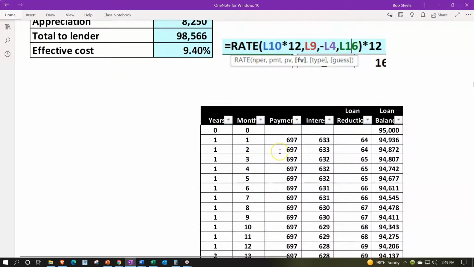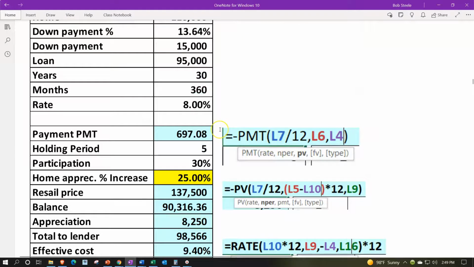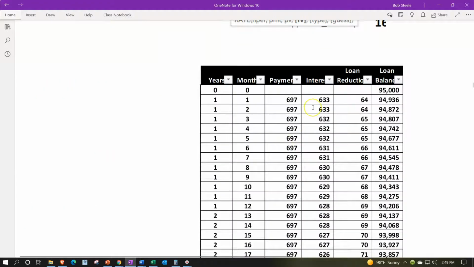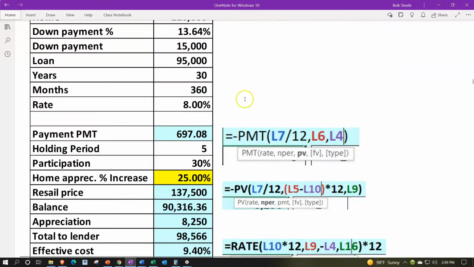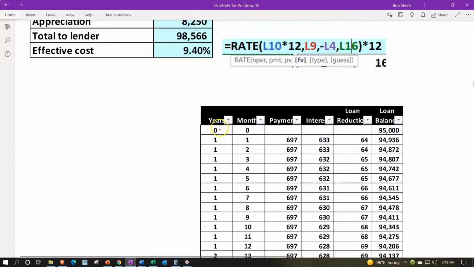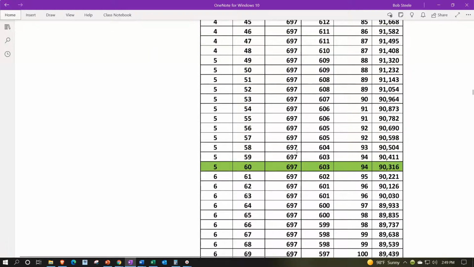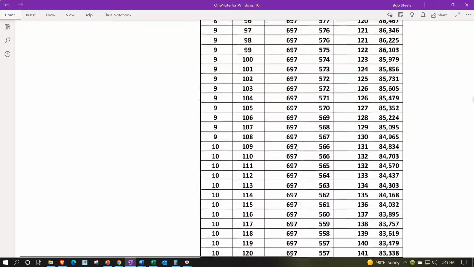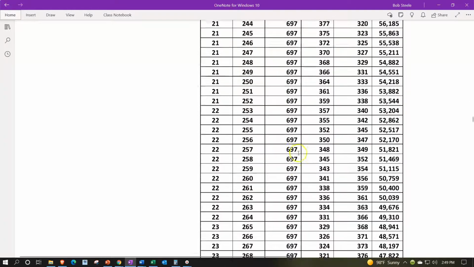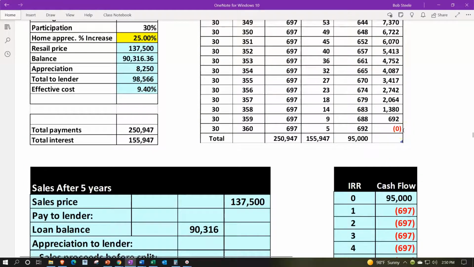Then we calculated the payments to be about $697 on the payment. The interest is calculated all the way through with the same rate of that 8%, which we're assuming is a favorable rate due to the sharing of the appreciation. And that's going to be the same all the way down, just a standard amortization table. It'll go all the way down to 30 years of payments and be fully amortized, meaning the ending balance is 0.